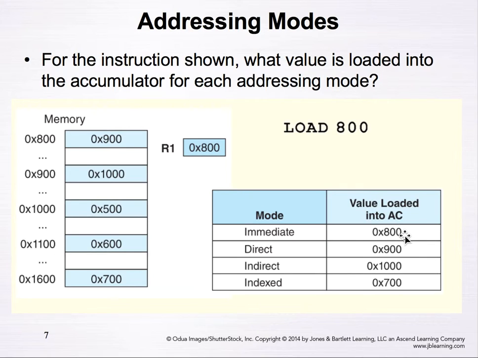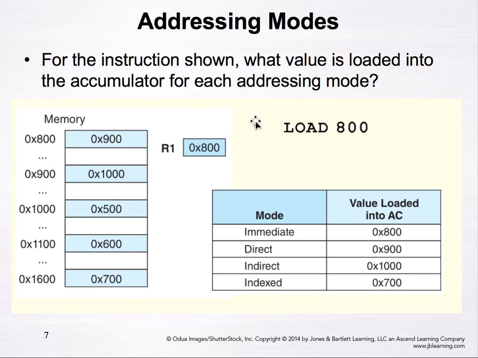So the value of the AC will be 800 right here. On the other hand, if we use the direct addressing mode, the effective address of the operand is in the address field. So load 800 means this is the address in the memory where the data will be loaded from.